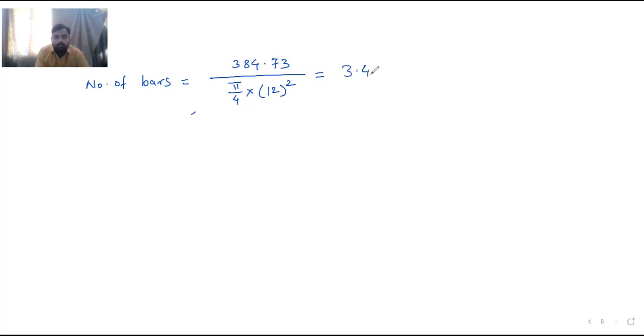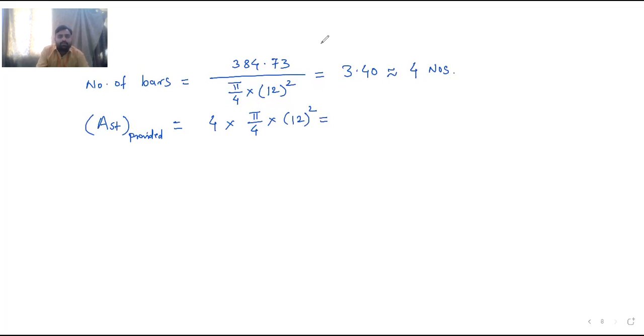3.4. So we will round up to 4 numbers. So now calculate AST provided. AST provided is equal to 4 bars we are going to provide, each of bar diameter 12.